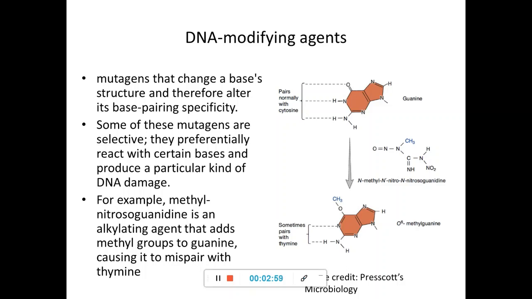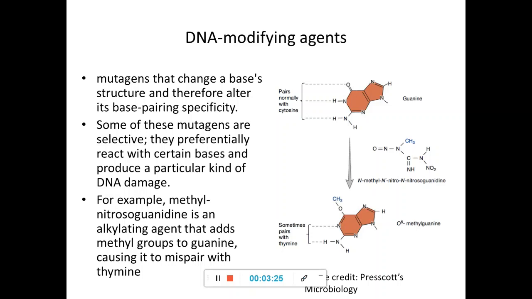Coming to the DNA modifying agents. The DNA modifying agents, as we mentioned earlier, are of different types. You have alkylating agents, deaminating agents, and hydroxylating agents. So the mutagens that change a base structure and therefore alter its base pairing specificity include the DNA modifying agents.